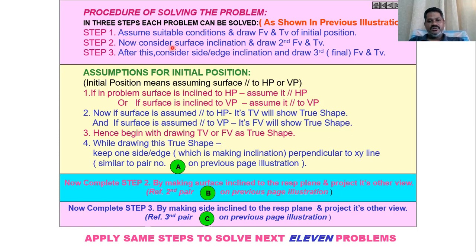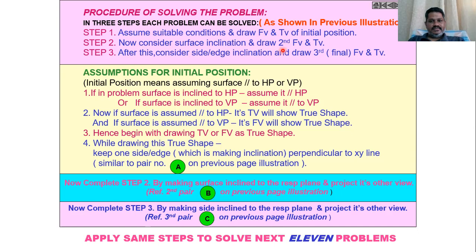Then in step 2, we are going to consider the inclination of the surface. The surface can make some angle with HP or VP. With the given inclination angle, we are going to draw the projections for the surface or the plane with the given dimensions.